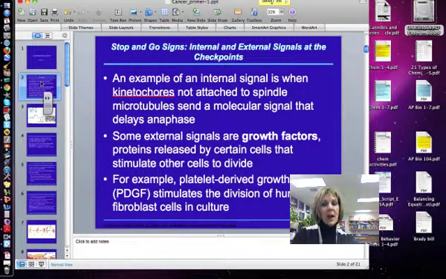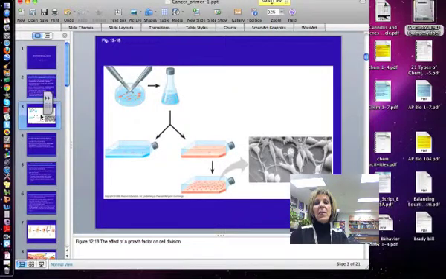For example, one type of growth factor is called platelet-derived growth factor, or PDGF, that stimulates the division of human fibroblast cells in culture. Fibroblasts are cells that produce certain types of connective tissue in the body, and we have learned how to grow these in culture.